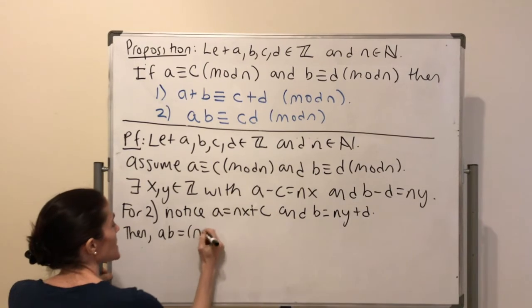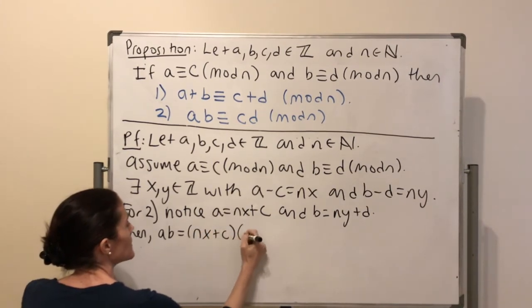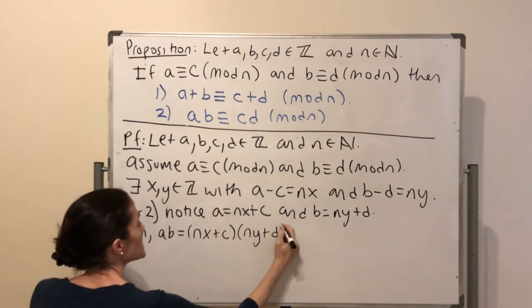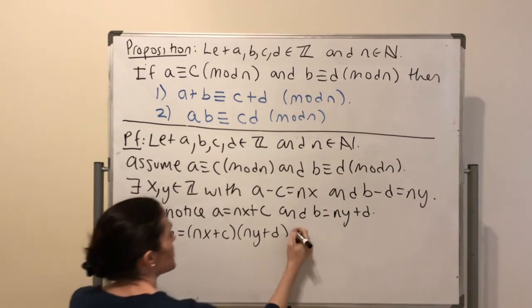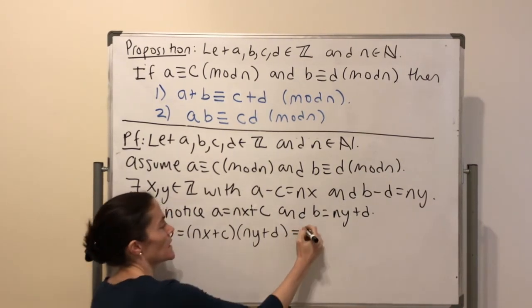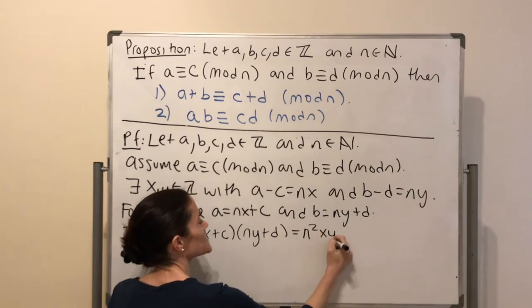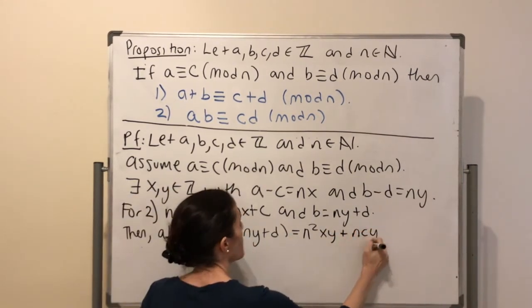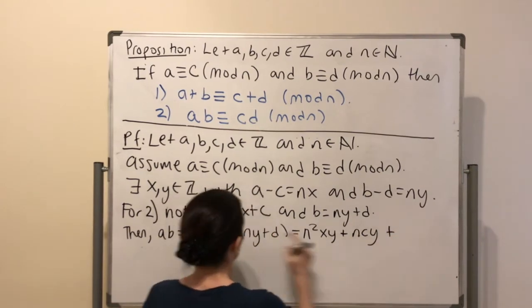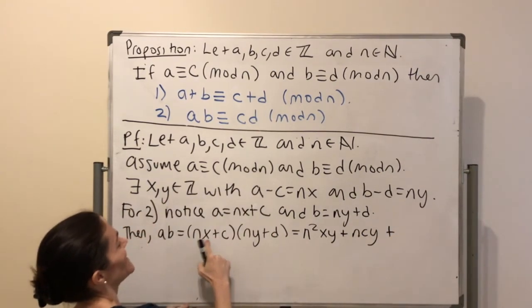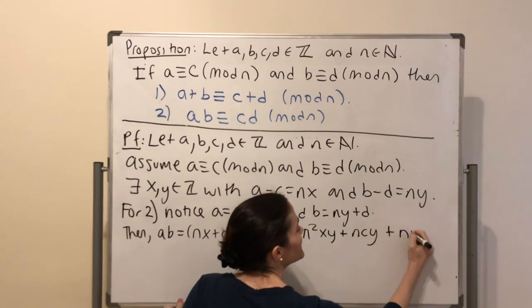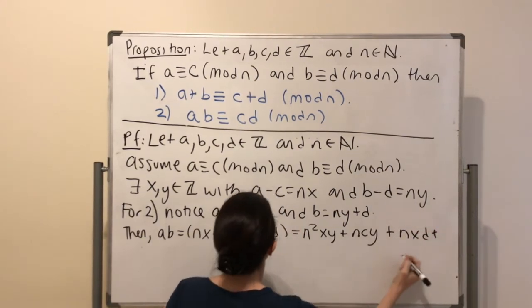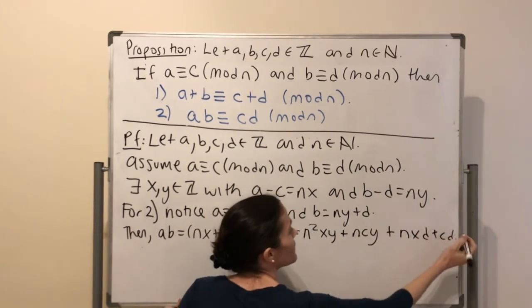AB, this is NX plus C times NY plus D. And this we can multiply out further. This is N squared XY, plus NCY, plus NXD, and then finally plus CD.